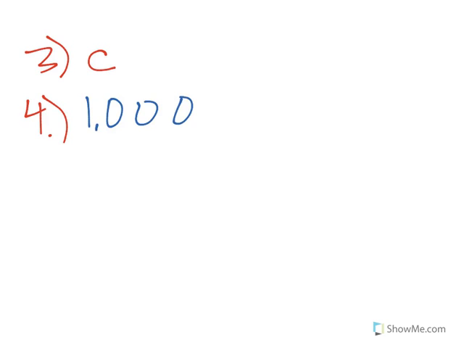Okay, moving on to page 8, I'm just going to go through those questions. Some of them I'll describe and write down, some we'll just talk about. So number 3, the answer is C. And you can read through that pretty easily. Now, number 4, why might the Brits call 1 billion 1,000 million? Well, remember, a billion is 9 zeros.